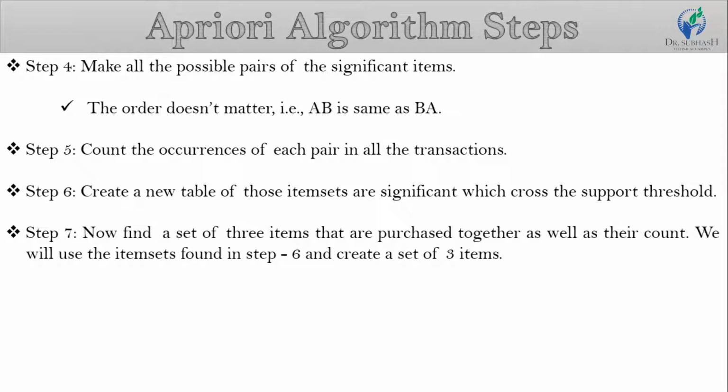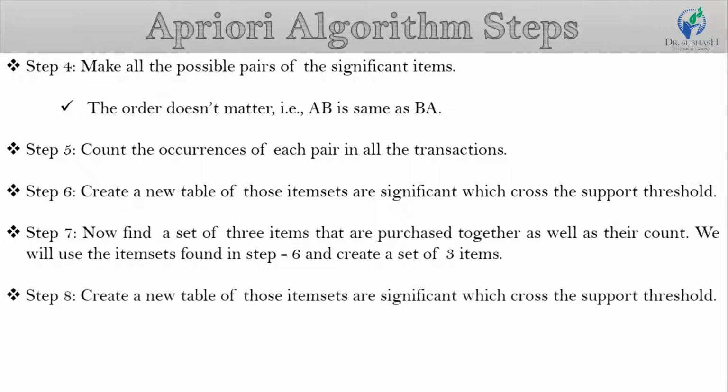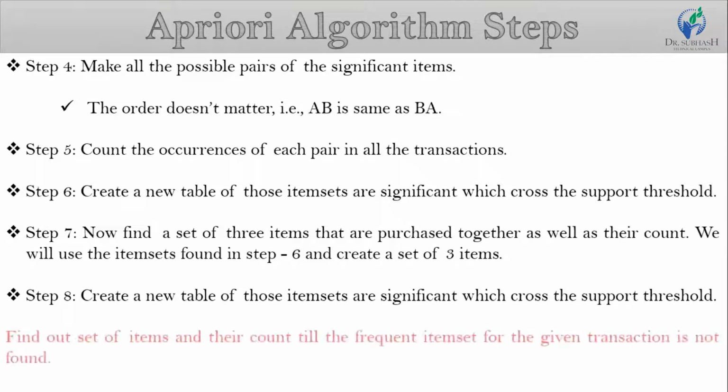Now in step 8, we create a new table of those item sets that are significant, which cross the support threshold. Find a set of items and their counts until the frequent item set for the given transactions is found. Then after that, we find out the confidence of those frequent item sets.